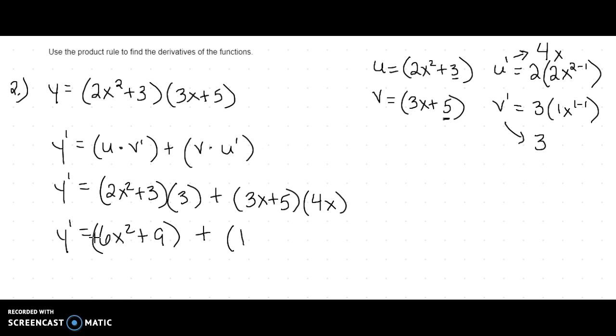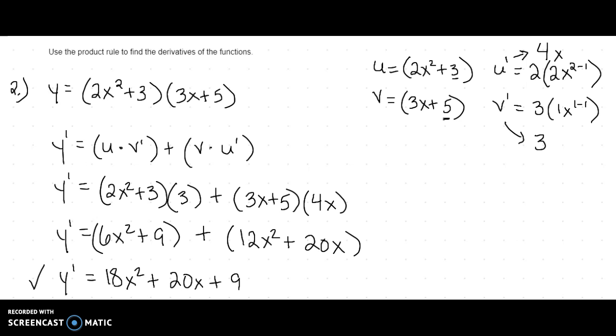And that gives us 12x squared plus 20x. Now we just need to simplify. So we get the derivative of this function is going to equal 18x squared plus 20x plus 9. That will be my answer. That is my derivative of my function.